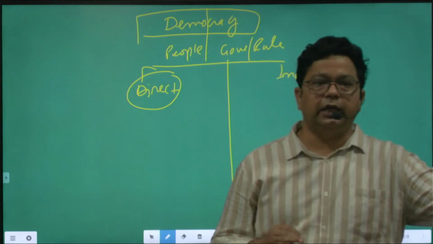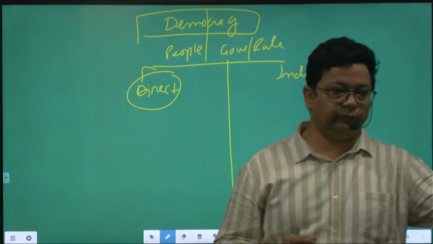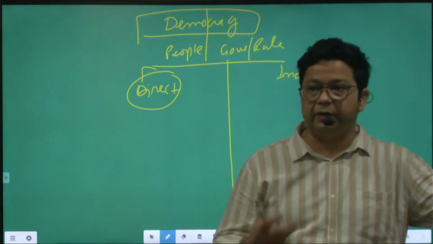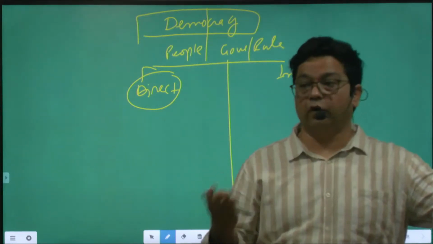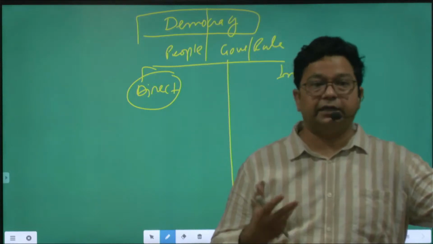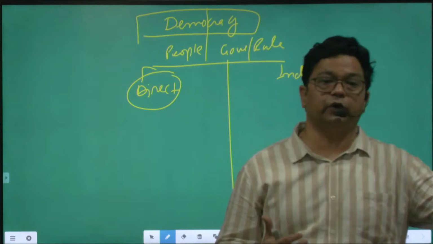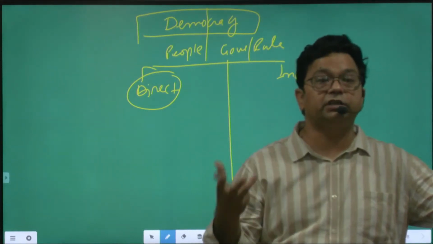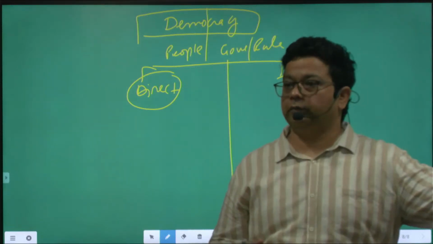People are involved, not directly, but involved. Involved in what? Voting. Voting is the process through which they are involved. Participation is a process. Democracy means what? People's rule. What does it mean? People's rule means what?